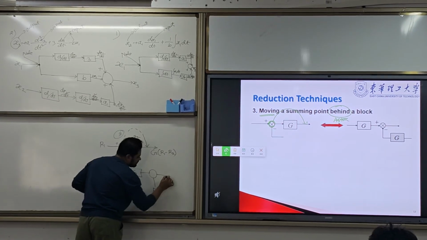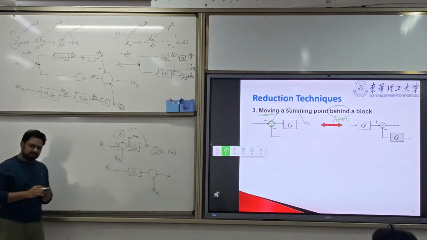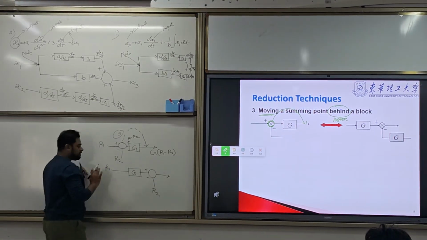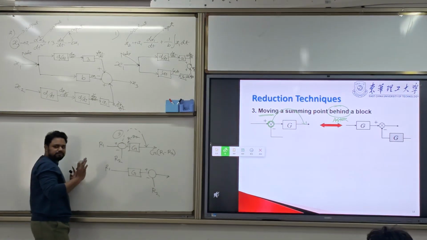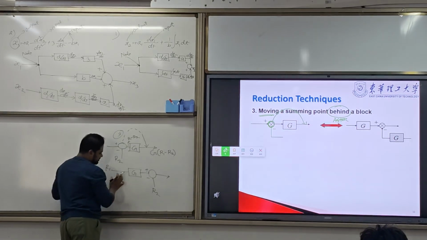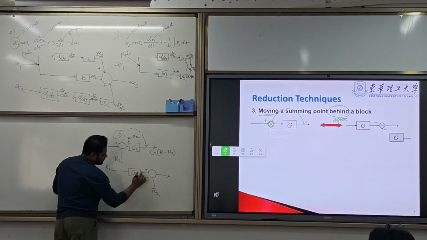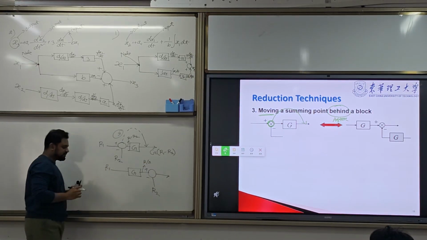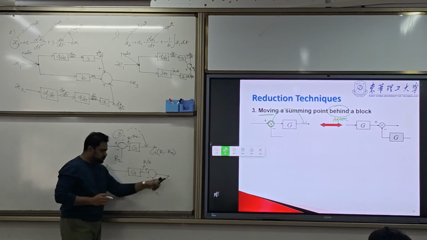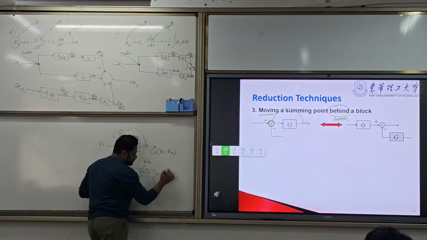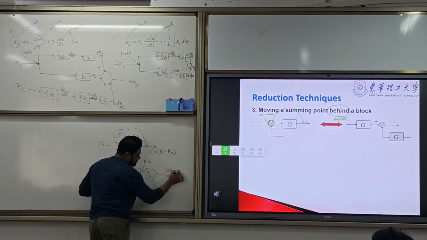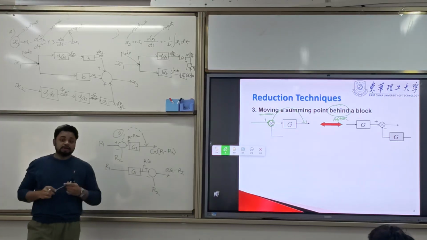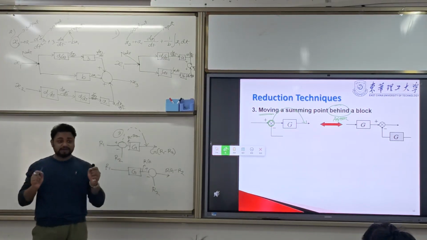Now find out the output. First, R1 is multiplied with G here, giving R1G. Now, what about this output? R1G minus R2. Is it the same? No, it is not the same, but the output must be the same.